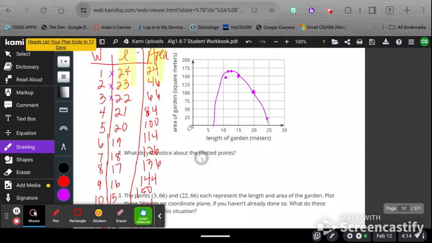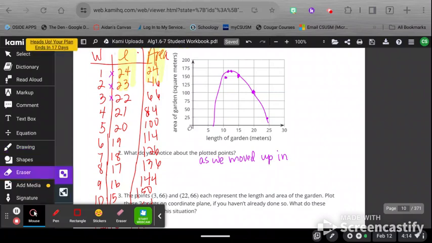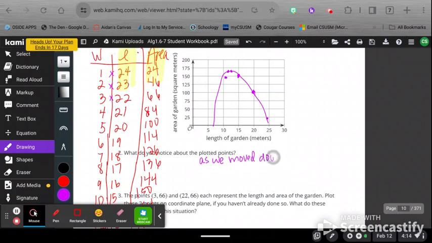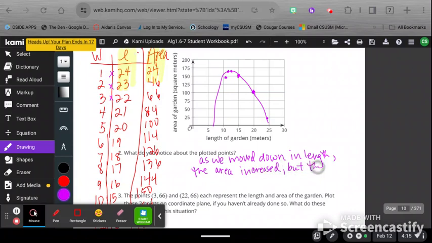We noticed that as we moved down in length, the area increased, but then it started to decrease again.